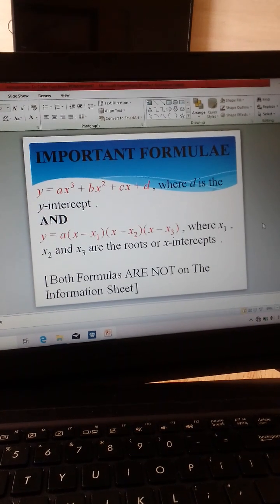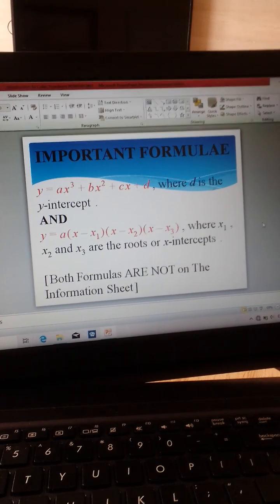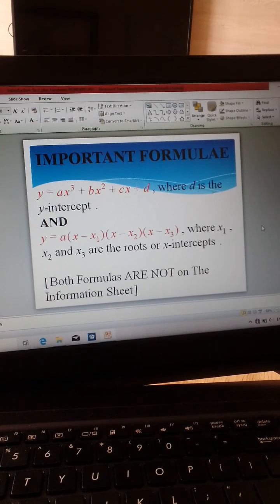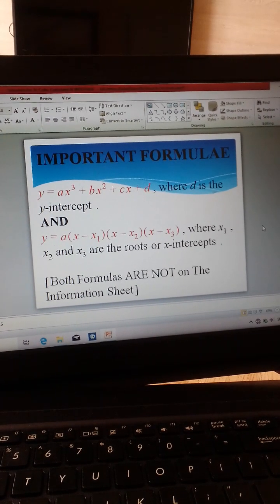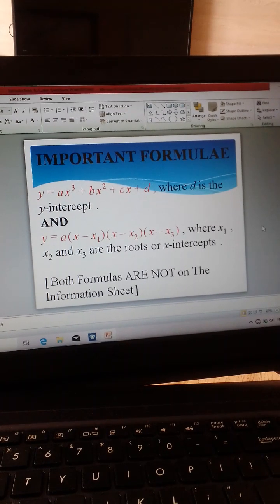The important formula that you need to remember is the standard equation of a cubic function: y is equal to ax cubed plus bx squared plus cx plus d. This is the simplified form where d is the y-intercept.